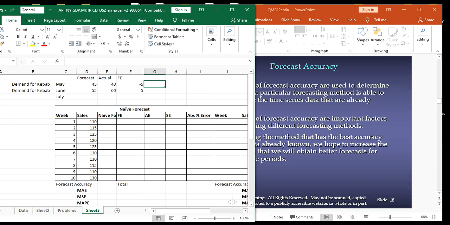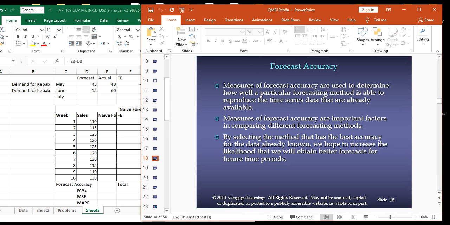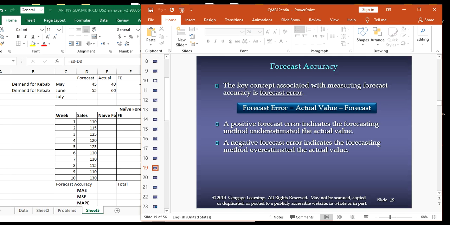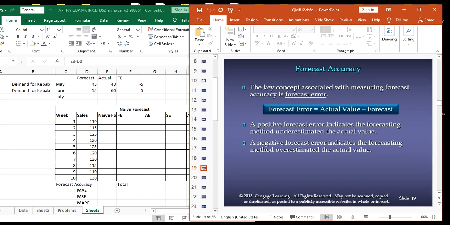Now, any forecasting method that we use and that has the minimum forecasting error, that's the best fit one. So that can be applied for the next experiments or for the next estimations of our demand, of our sale, of whatever, okay. So here is the forecasting error, the actual value minus forecast, as we did in the example, okay.